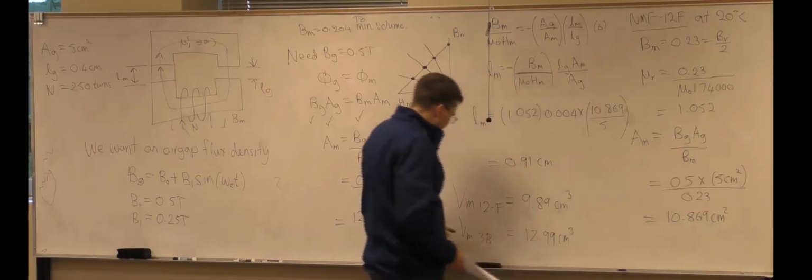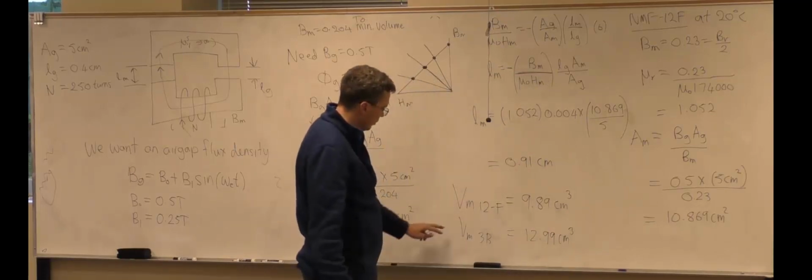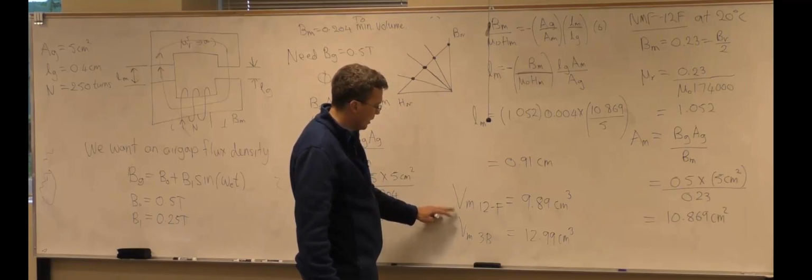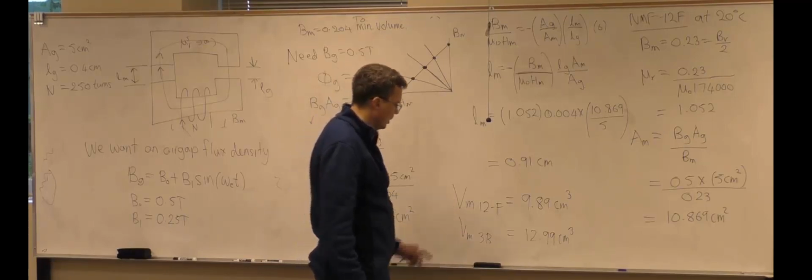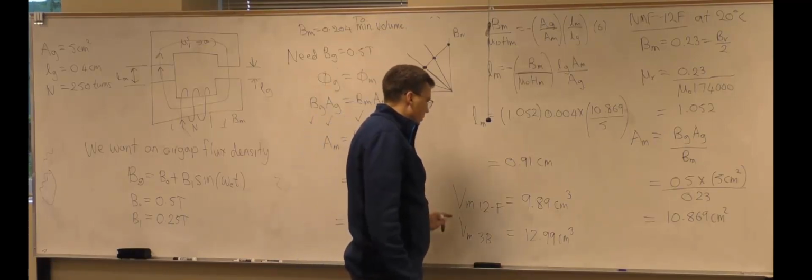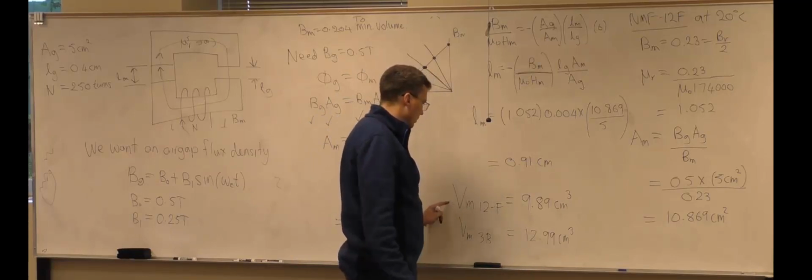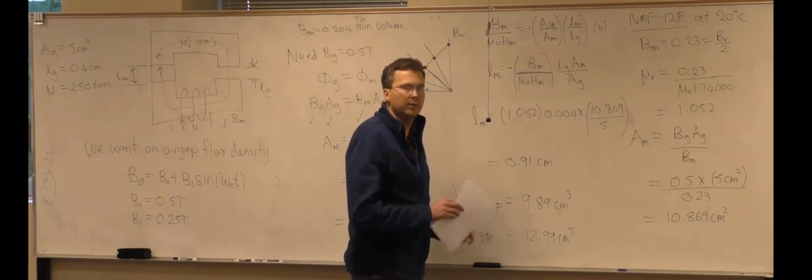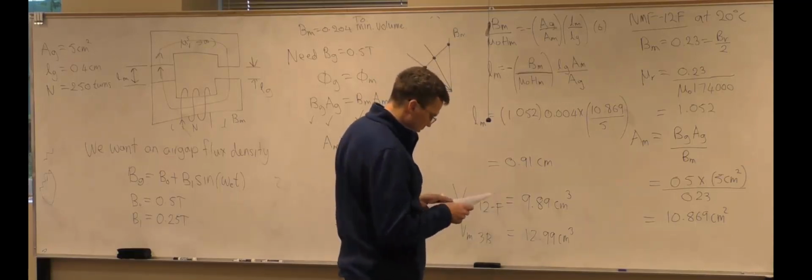So the question is, is it worth it? Well, it will depend on the material cost of the 12 grade versus the 3B grade, so that would be one of the considerations, and then another consideration would be looking at its demagnetization characteristics.